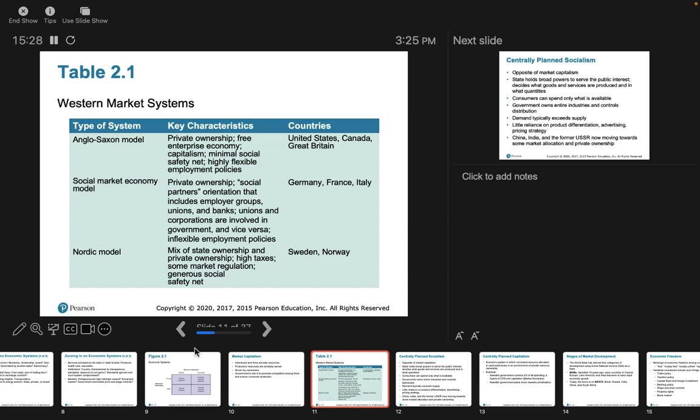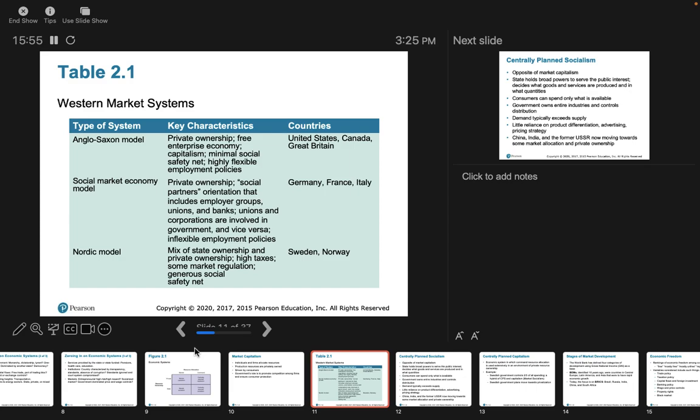For the Anglo-Saxon model, the private ownership is free enterprise economy, capitalism, okay, minimal social safety, and is highly flexible for employment policies. Then, what are the key characteristics of a social market economy? This one is different from the Anglo-Saxon model.